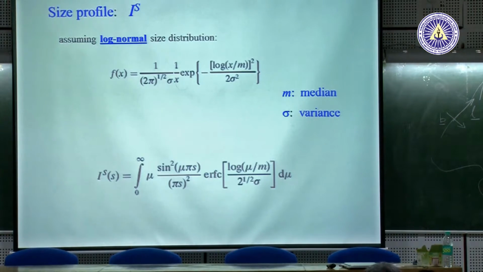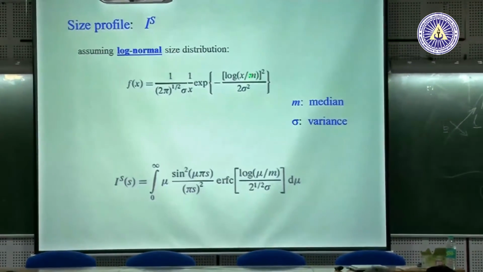Well, for a monodisperse size, the formula is very simple. It is sine square something over sine square x divided by x square. You find this formula, you can calculate the shape factor for a sphere, very simple.